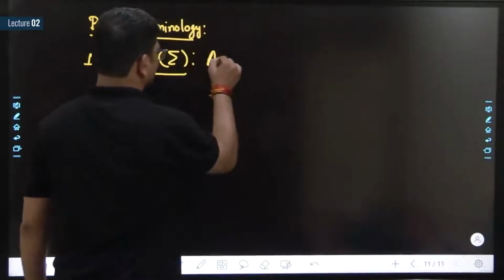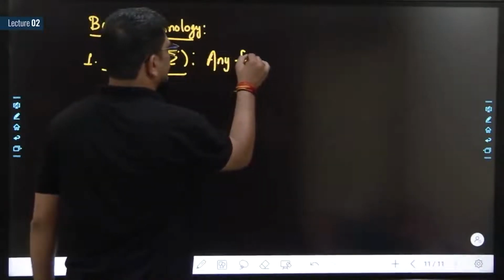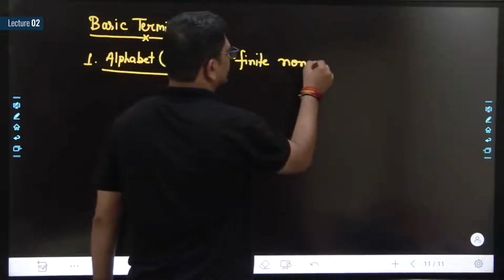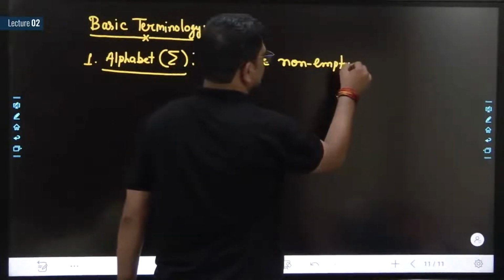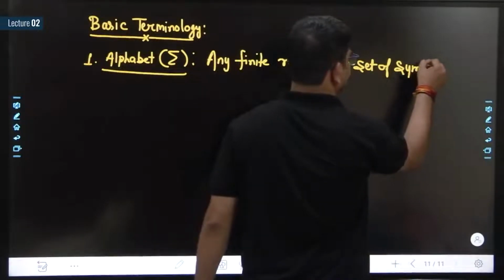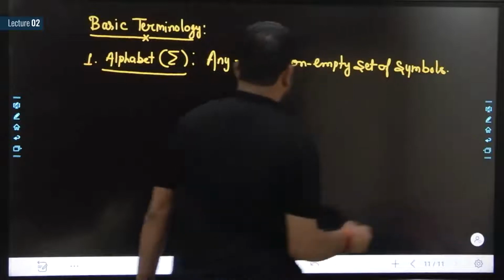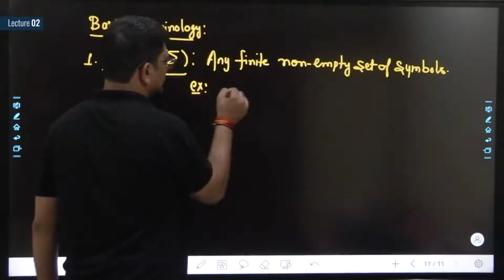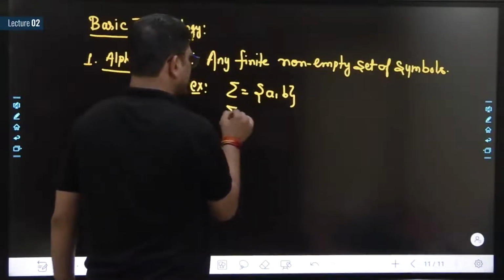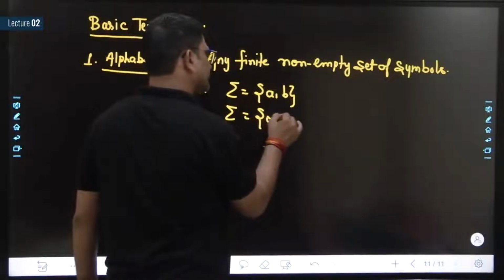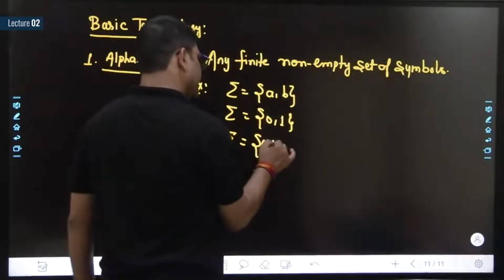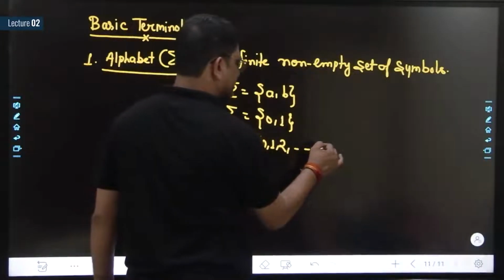Any finite non-empty set of symbols. For example, A comma B, 0 comma 1, 0, 1, 2, dash 9.